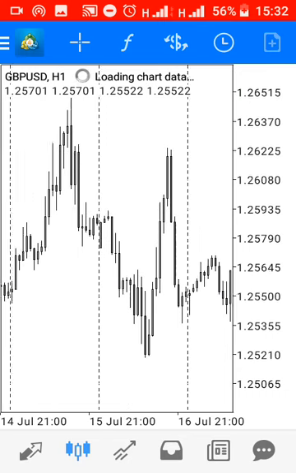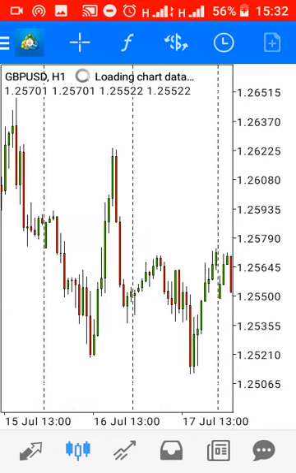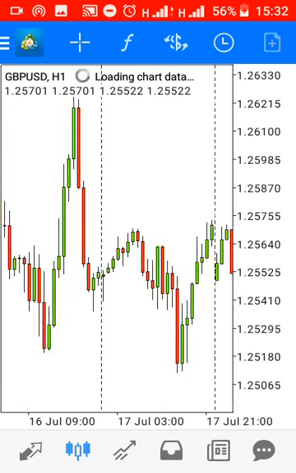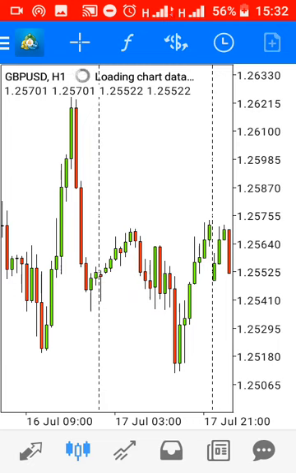Then let's see, we have red candles and we have green candles. Hope you are seeing them. As far as forex or crypto trading is concerned, we have bullish candles and bearish candles. The one that is green going up, when the rates are going up and we are increasing in price, that's what we call bullish candles.